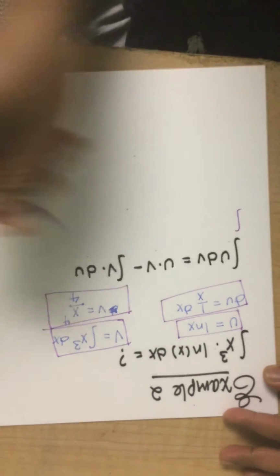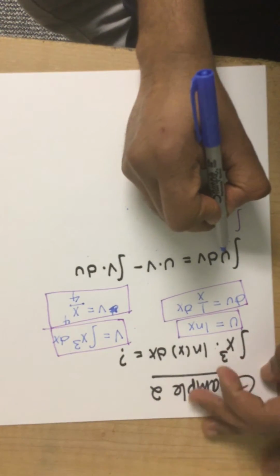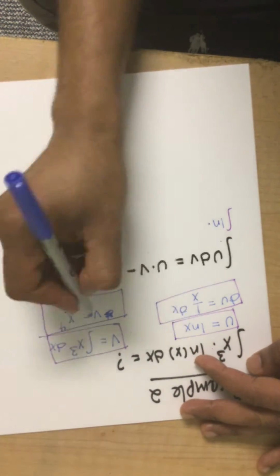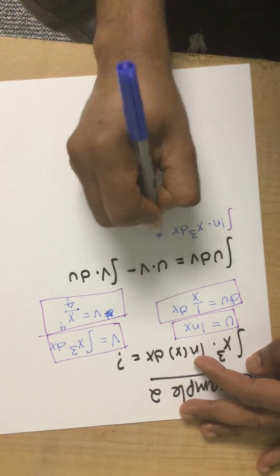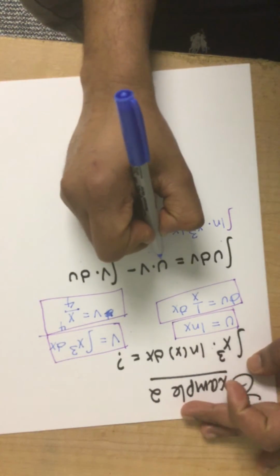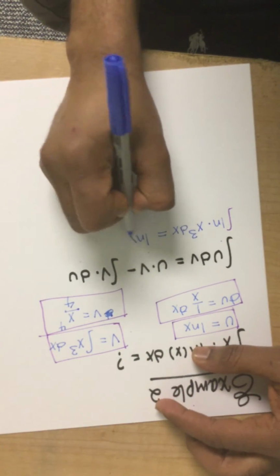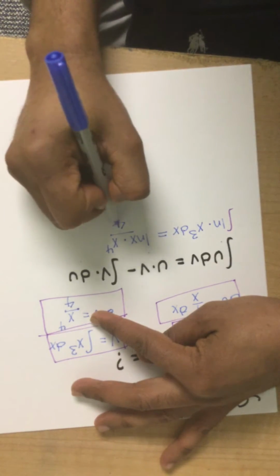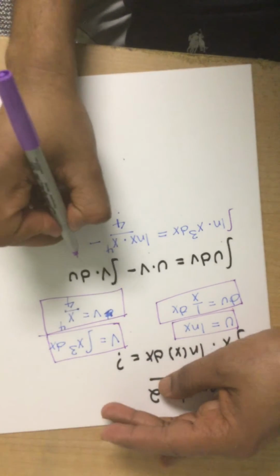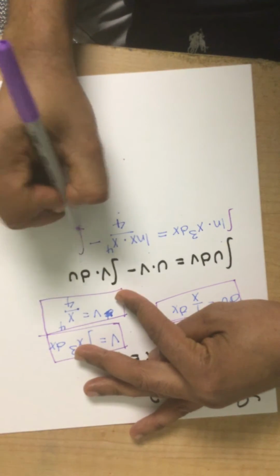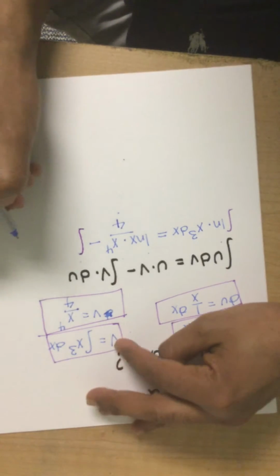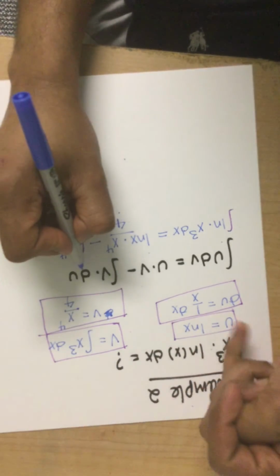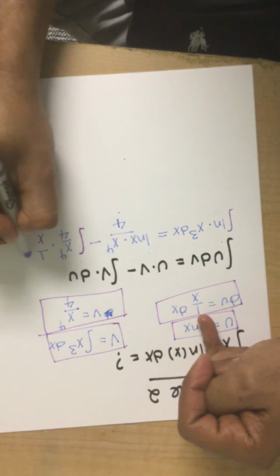All right, the integral of ln of x times x cubed dx is equal to, instead of u I can use ln of x times, and my v is x^4 over 4, minus the integral of my v, x^4 over 4, times my du, which is equal to 1 over x dx in this part.